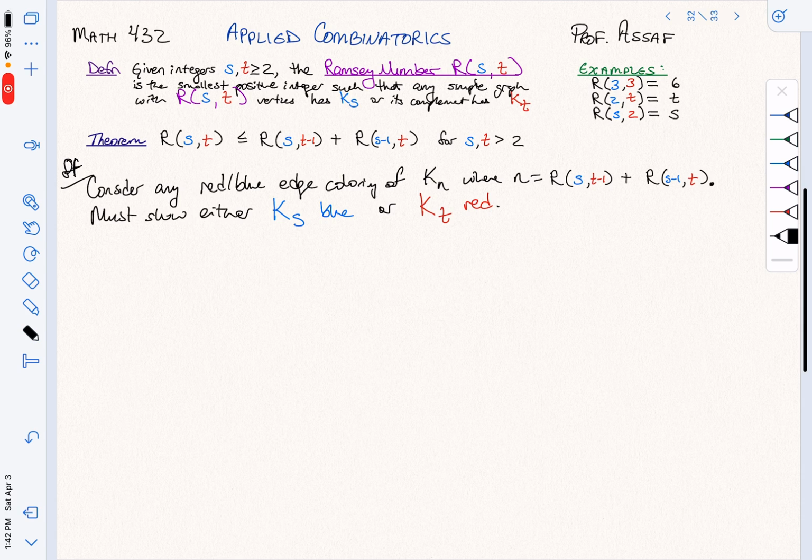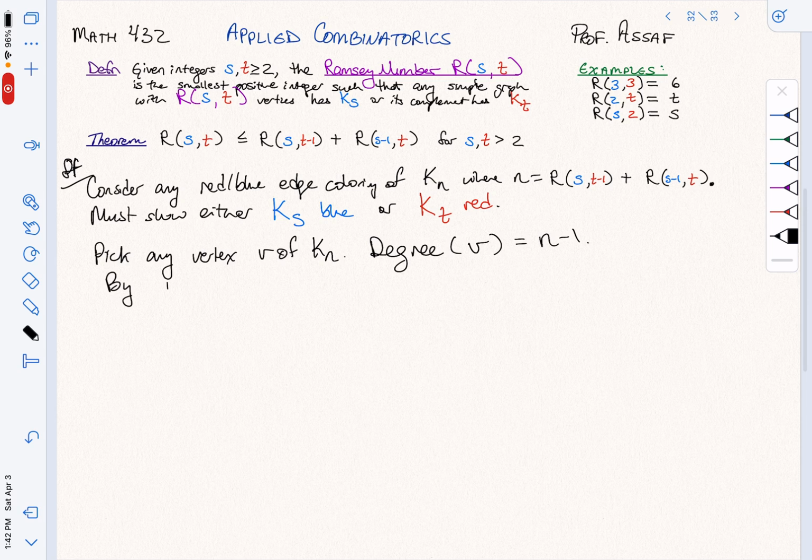So first what we had to do was pick a vertex. So first we're going to pick any vertex v of K_n. Now we're going to think about the edges coming out of v. Well, how many do we have? We know that the degree of v, because we're looking at the complete graph K_n, is n minus 1. So by the pigeonhole principle, what do we get?